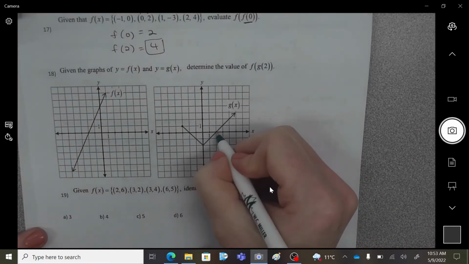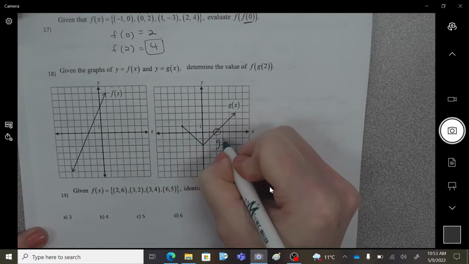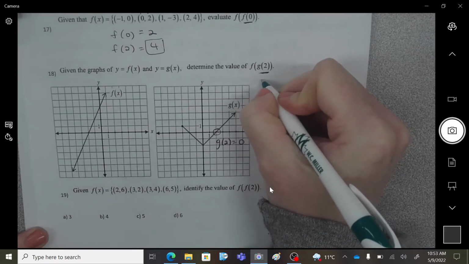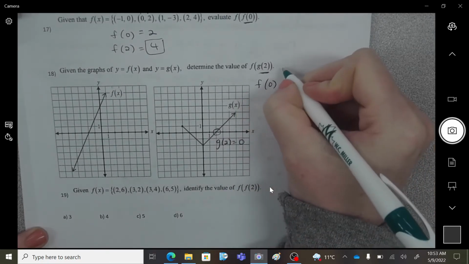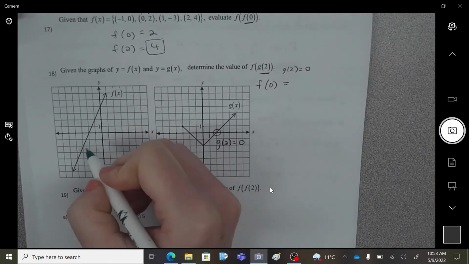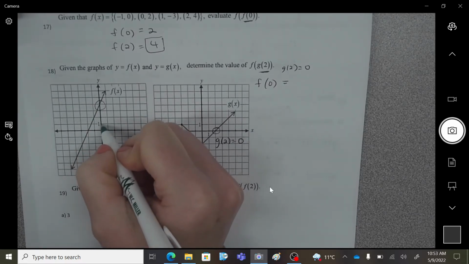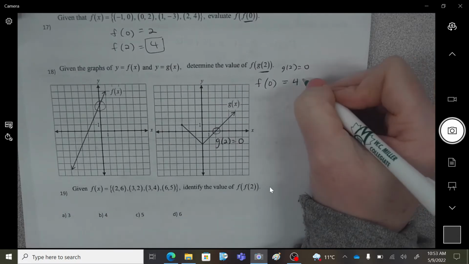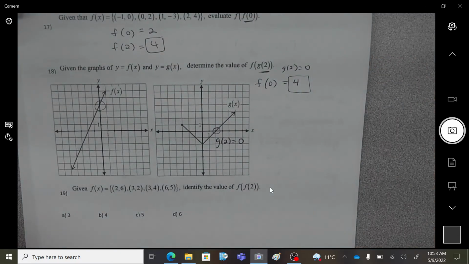So the g of 2 equals 0. And then the f of 0, this is where I'm looking, is 4. So my final answer is 4.